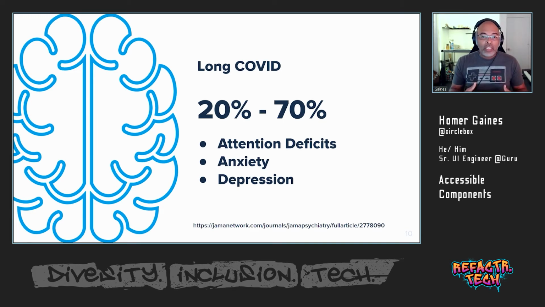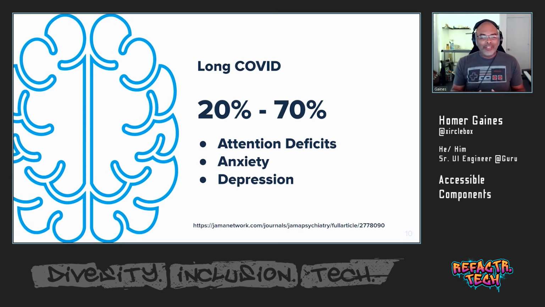COVID affects respiratory function, which affects the oxygen flow to the brain. The results have been attention deficits, anxiety, and depression.